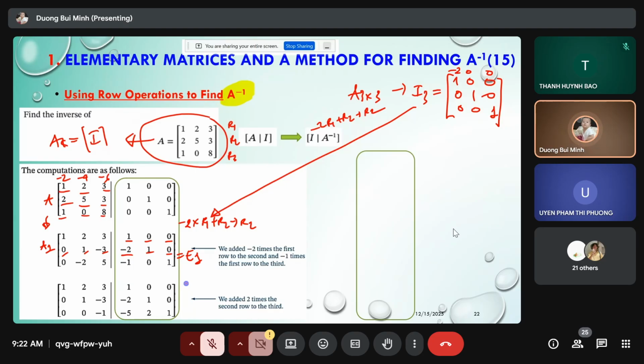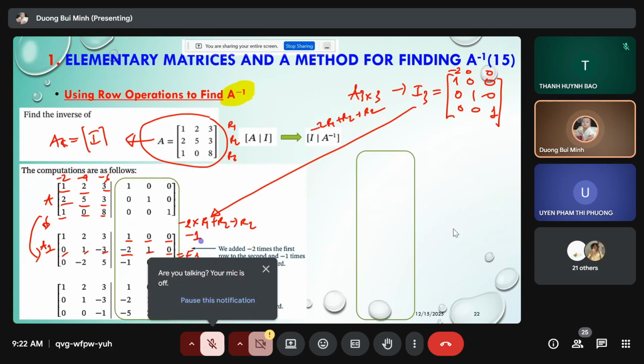Then we apply the second step: we multiply R1 by minus 1 and add it to R3, replacing R3.